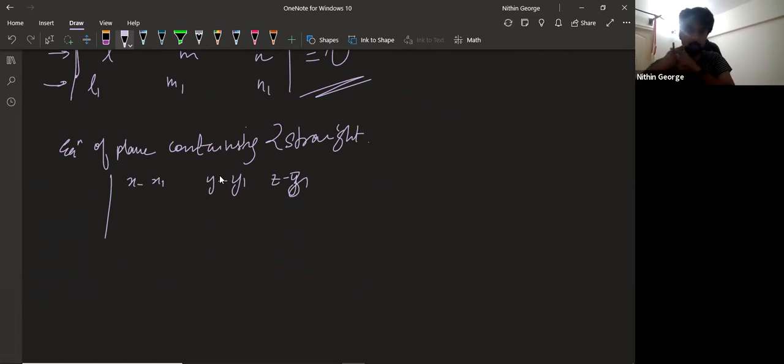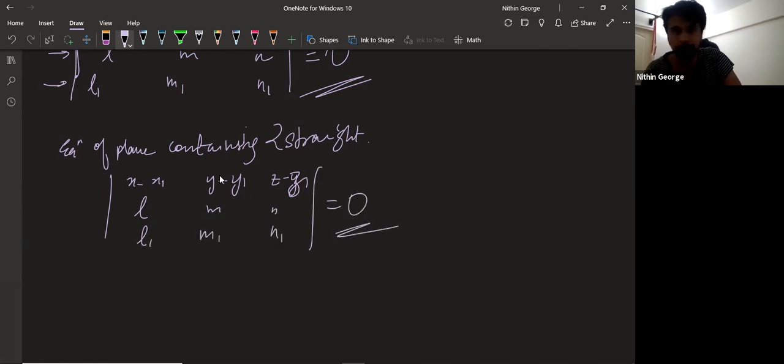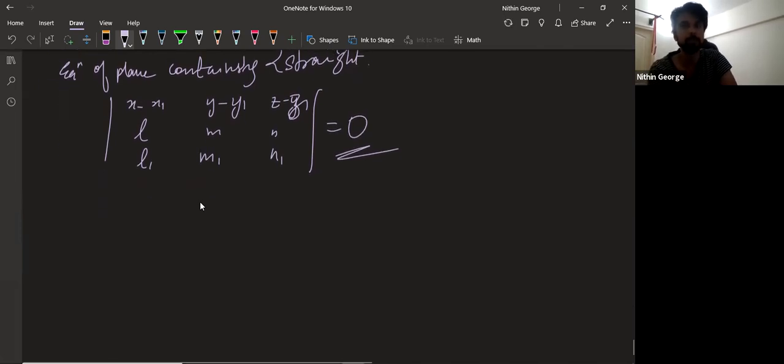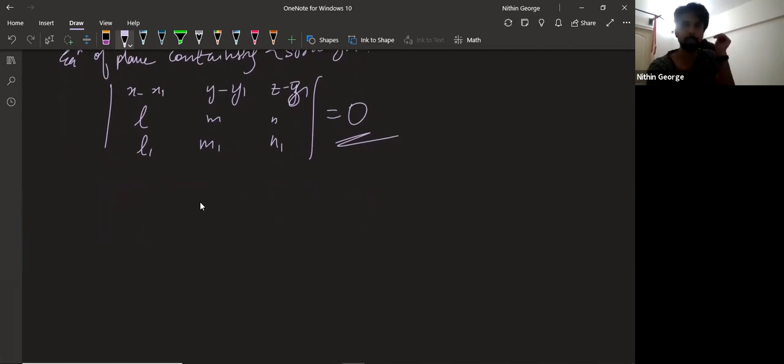Both the straight lines lie on that plane. So you can use this here, and then L, M, N, L1, M1, N1. That's it. I hope you're getting a good idea of this chapter now, a firm hold of this. I'm repeating the same things again and again, so this should be striking for you.